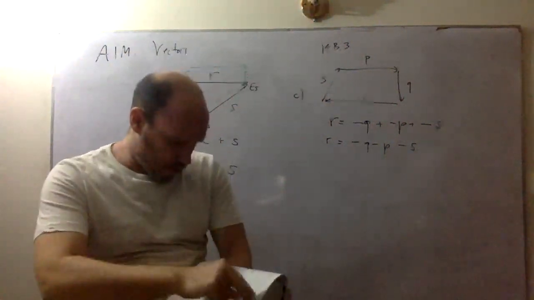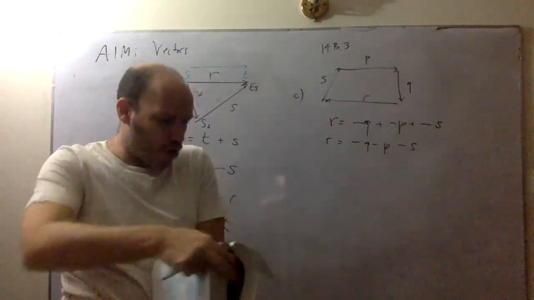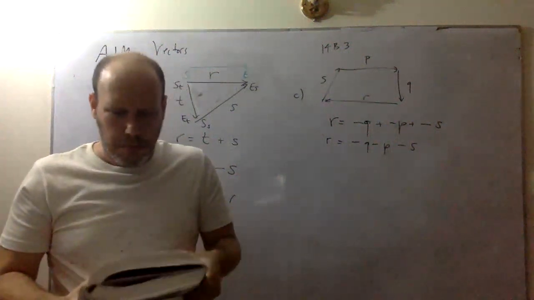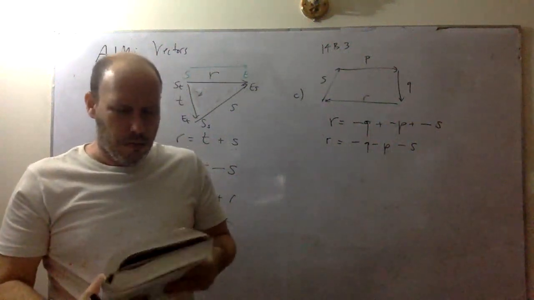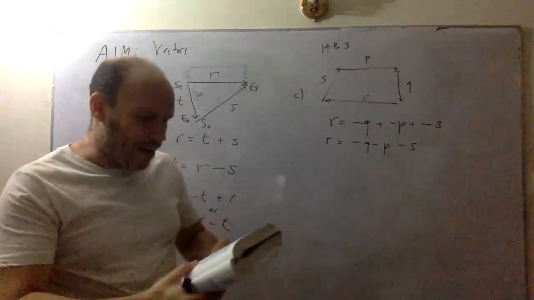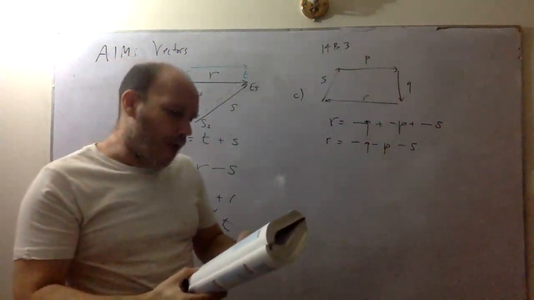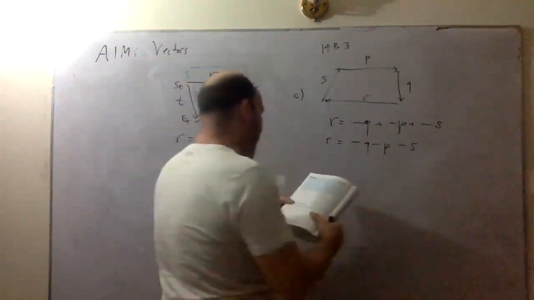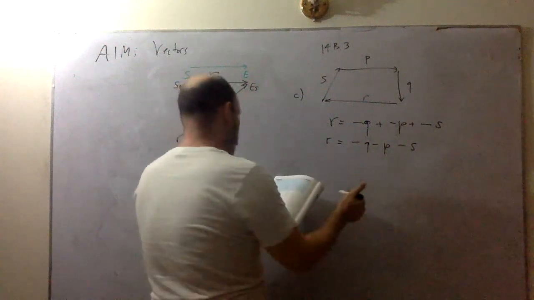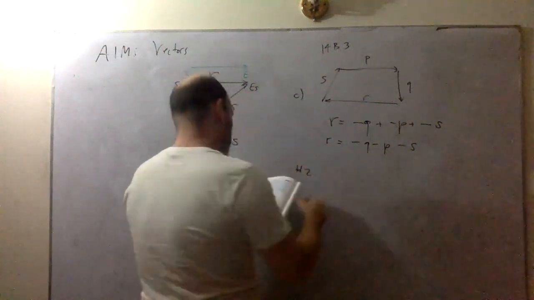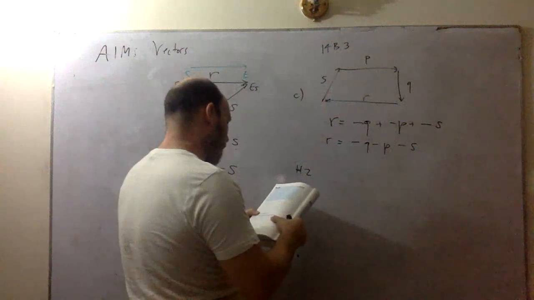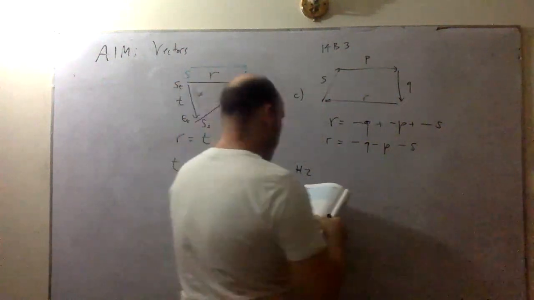Let's pick another one. We can look at the exercises, and then you're asked to write these in terms of S. So for example, let's look at page 392. How about number 2? Let's take this really interesting diagram. This one's kind of cool.